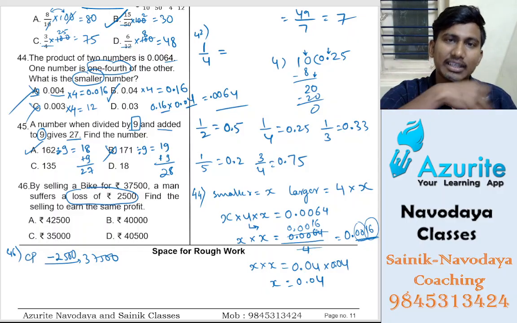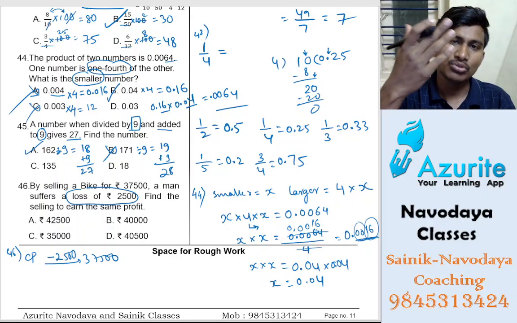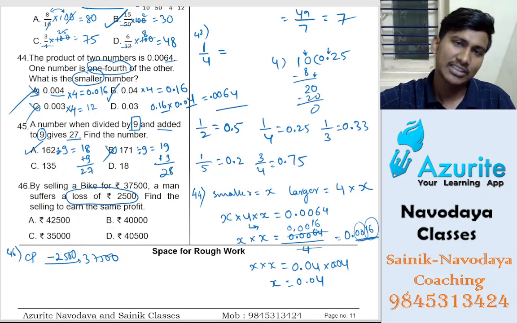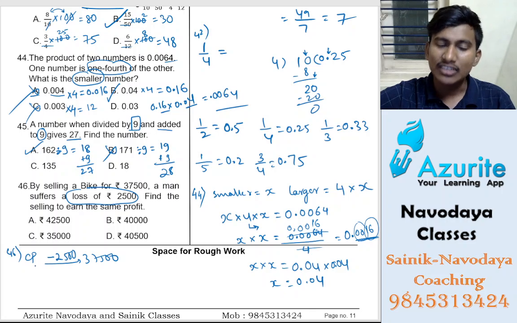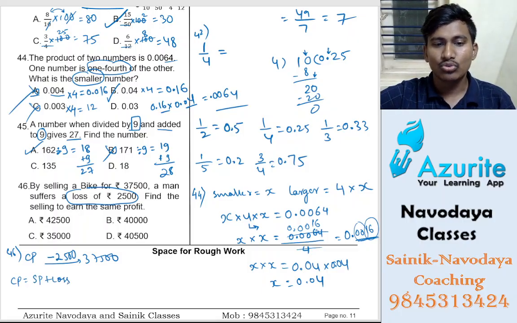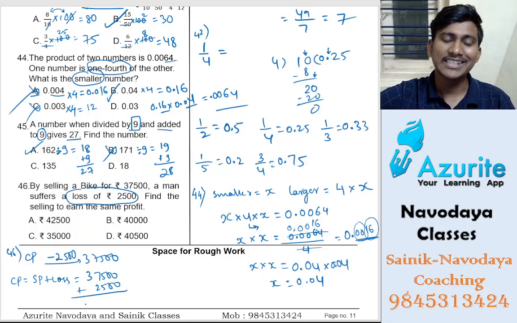It will be bigger, from which if you minus 2,500 you will get 37,500. So to find the cost price we have to add: selling price plus loss. So what will be the answer? 37,500 plus 2,500, if you do, you will get how much? That is 0 0 0, carry 1, then 0, 40,000 will be the answer, right?